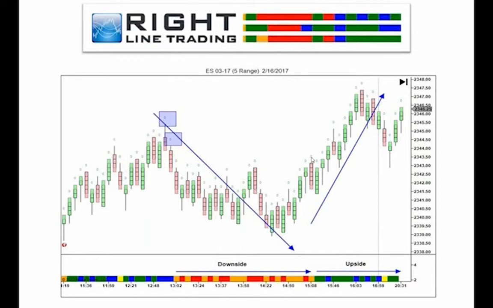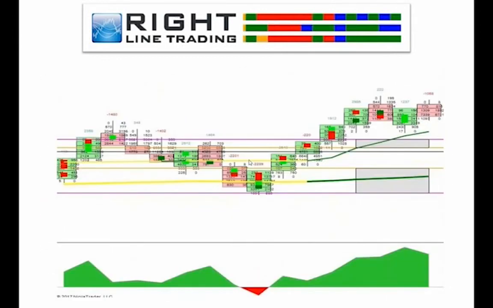The number's positive, there's an overabundance of buyers. If the number is negative, there's an overabundance of sellers sitting on the bid-ask side of the dome. Now, on your trading chart, what's up here, you can see these numbers. That's the delta. 1812, 2985, 222, 1237. There's the candle delta.